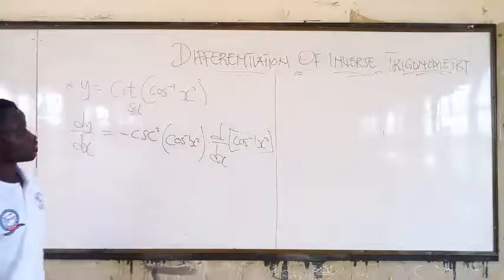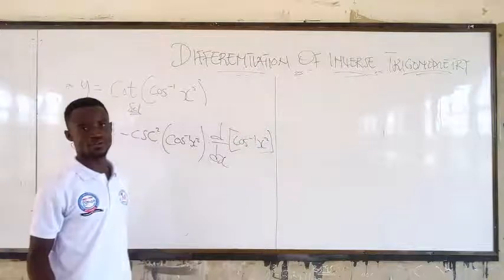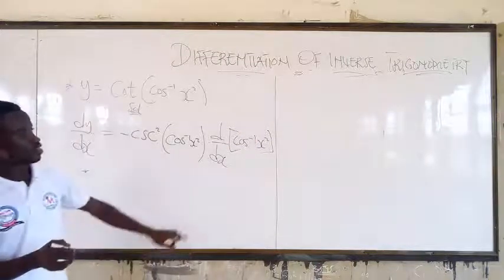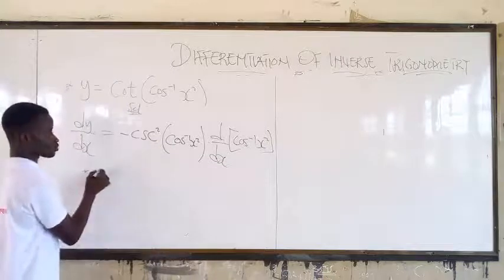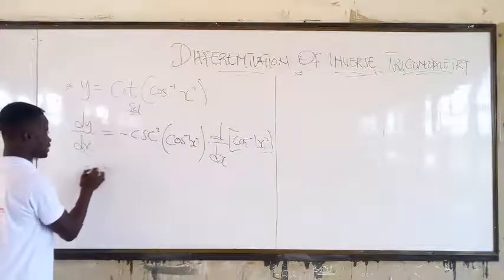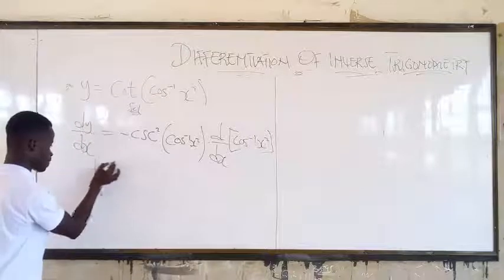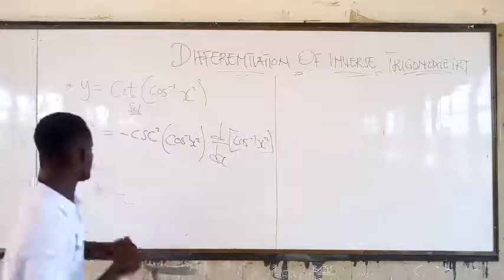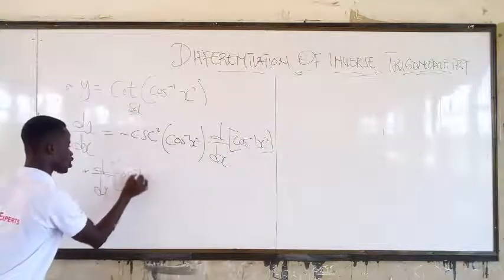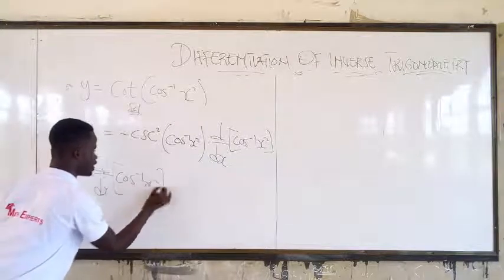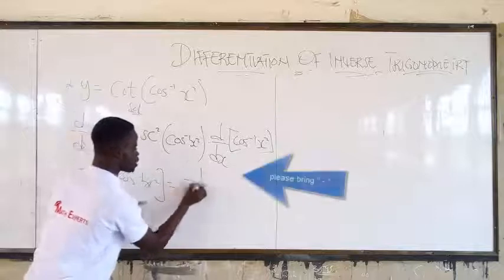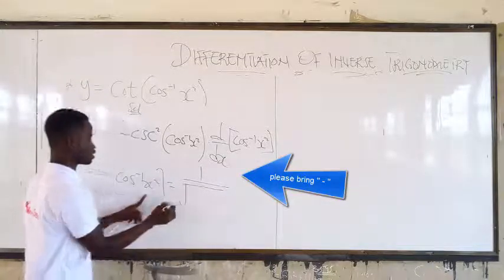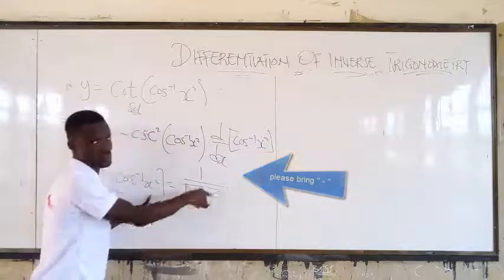So now, we just need this so that we can proceed. So, with this, we know that the derivative of cos inverse of s squared is going to be 1 over the square root of u squared minus 1.